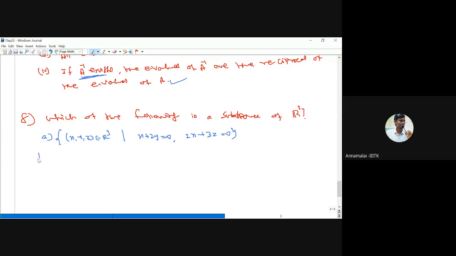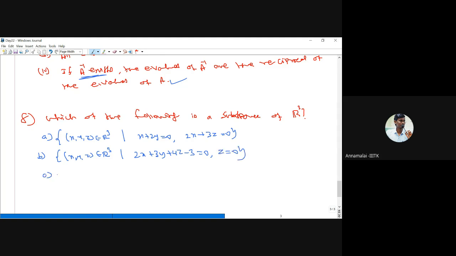The second set: all (x, y, z) in R3 such that 2x plus 3y plus 4z minus 3 equals 0 and z equals 0.